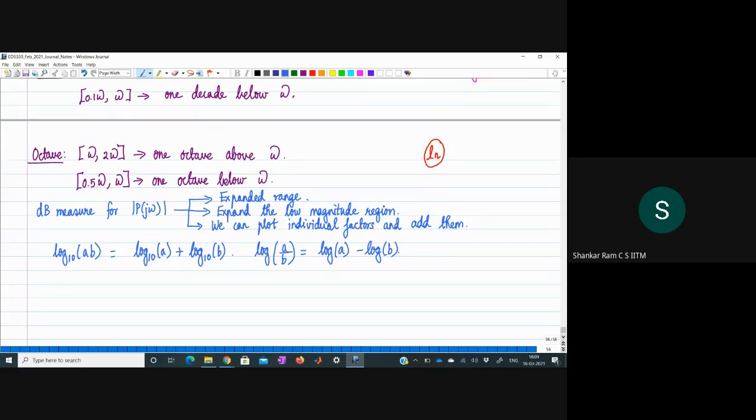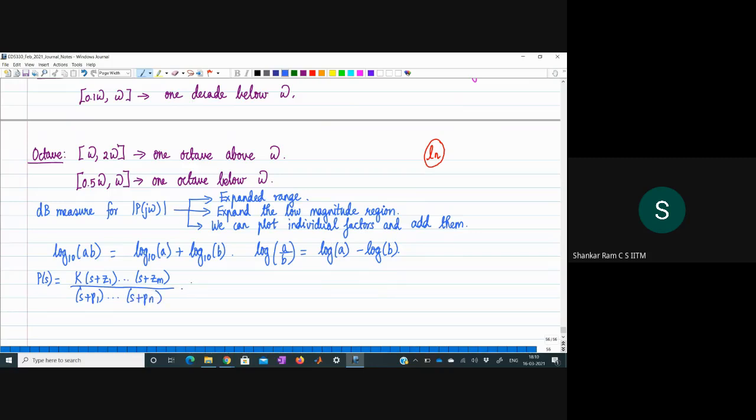Now, if we apply this to the plant, let's say P of s is going to be k times s plus z1 all the way till s plus zm, divided by s plus p1 all the way till s plus pn.